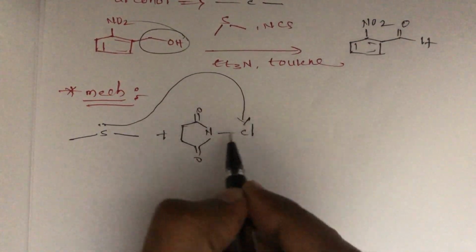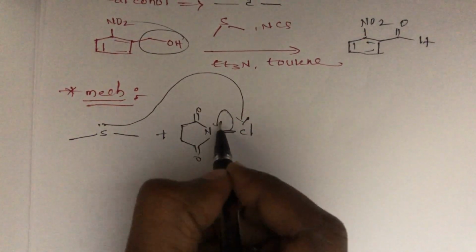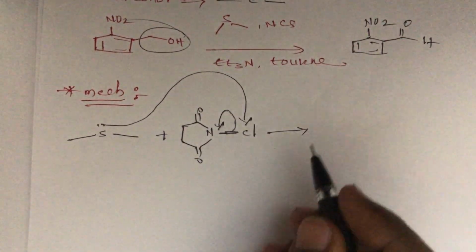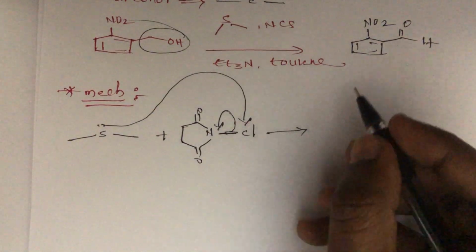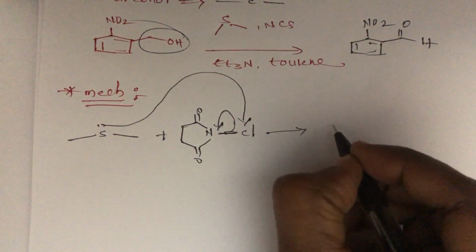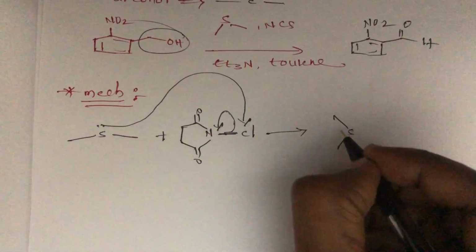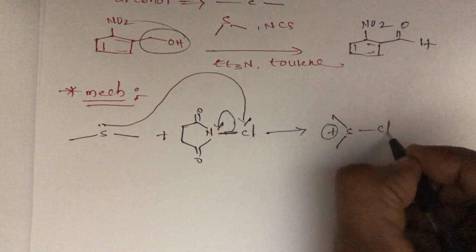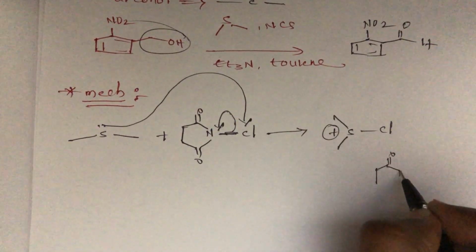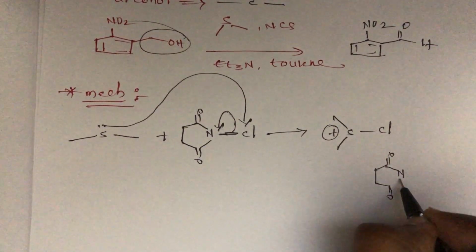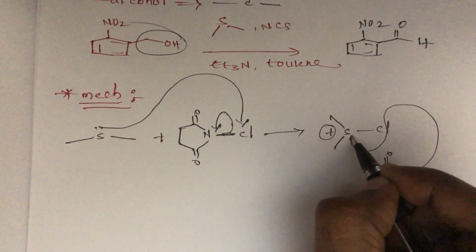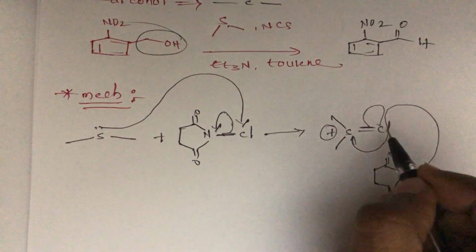This will migrate onto the chlorine center, and this bond migrates towards the nitrogen atom. Then we get a positive charge, and it is chlorine. So we'll get nitrogen minus, right? This nitrogen minus attacks the sulfur center, and the chlorine will leave.